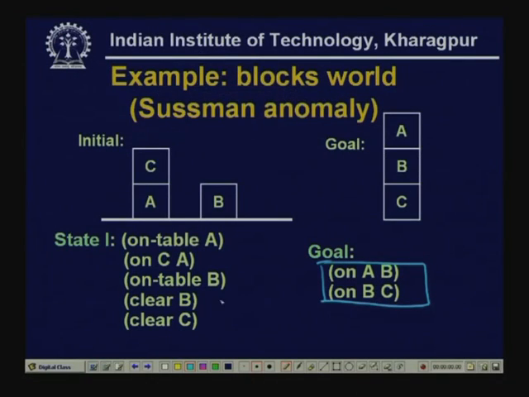So, the initial state is specified by the exact behavior of all the variables. In this case, on table A and on C A and clear C, on table B and clear B. So, this is the description of the initial state, and on AB on BC is the description of the goal state.